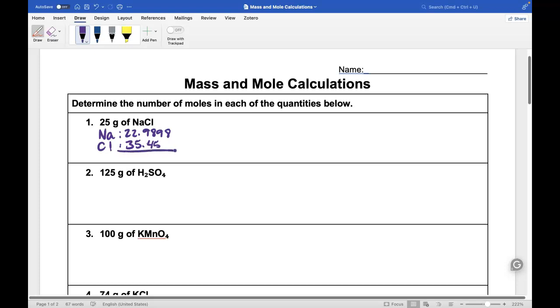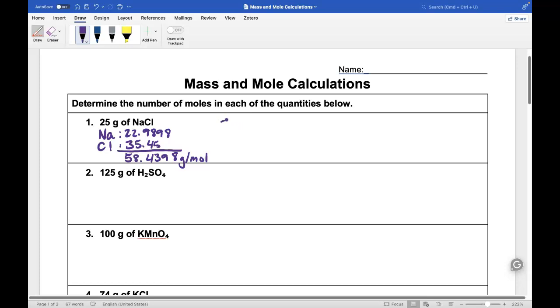And I'm just going to add them together, using my calculator, and I get 58.4398. That's grams per mole. So what that's telling me is 1 mole of sodium chloride is 58.4398 grams.